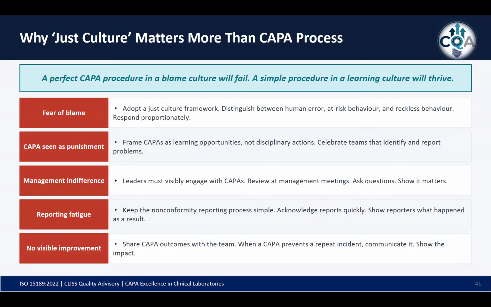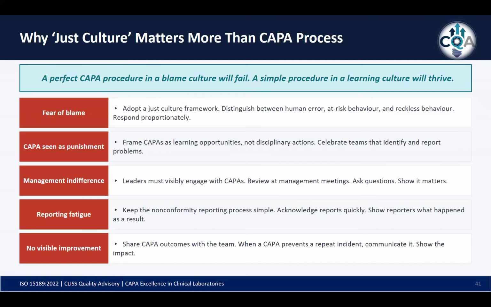But NCs that are raised on a day-to-day basis, nothing, zero. There's nothing because people fear to be blamed. You need to adopt a just culture that distinguishes human error or risk behavior, reckless behavior, and respond proportionately without blaming individuals. CAPA is often seen as a punishment.